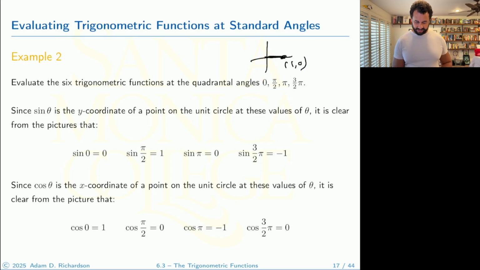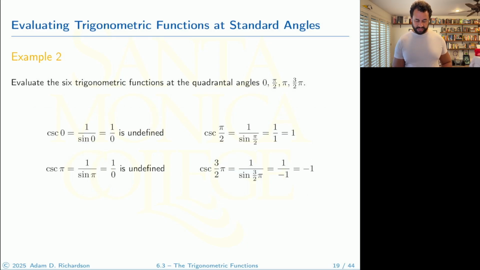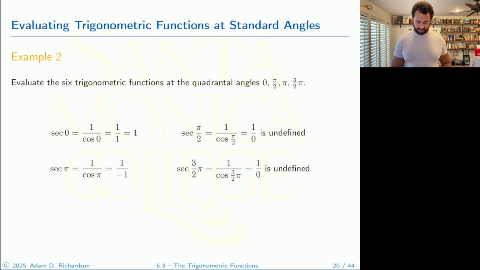For this point, sine of 0 is 0, cosine of 0 is 1, and then tangent of 0 is going to be 0. The slope of that line is 0. Then, coming back this way, cosecant is 1 over sine, right? But remember, sine was 0, so cosecant is actually undefined here. Secant is 1 over cosine, so we're going to get 1 over 1, which is 1. And that's basically it.